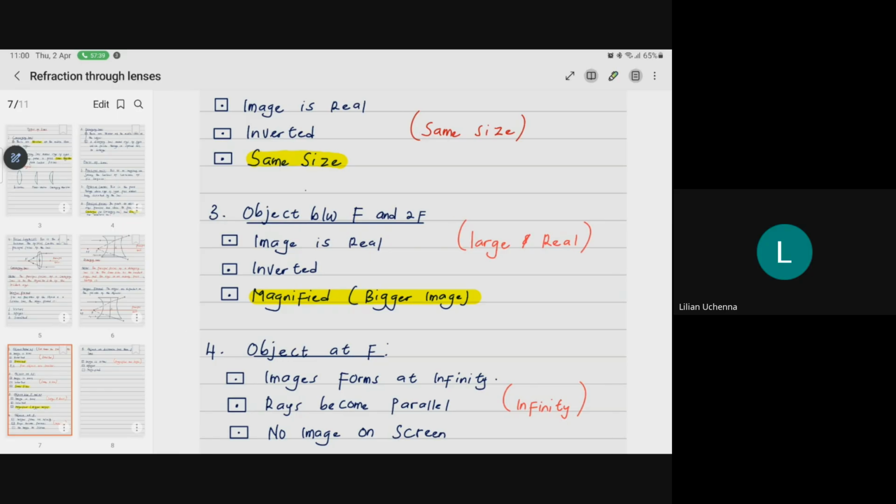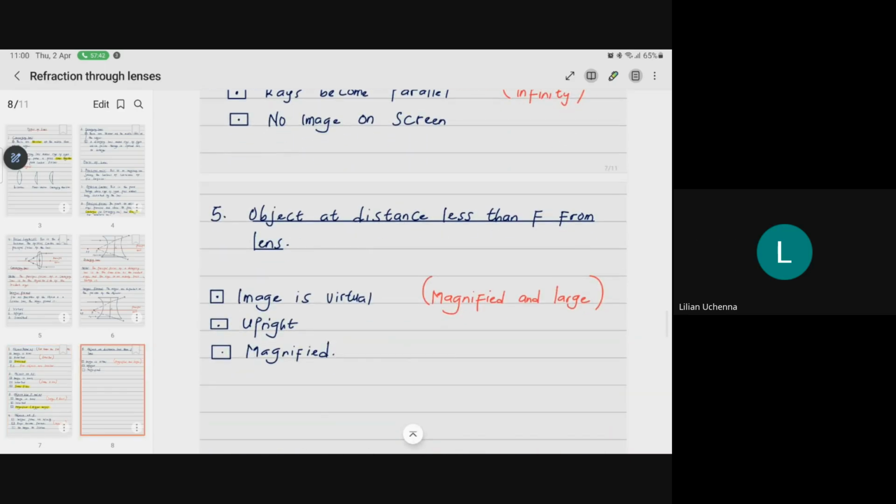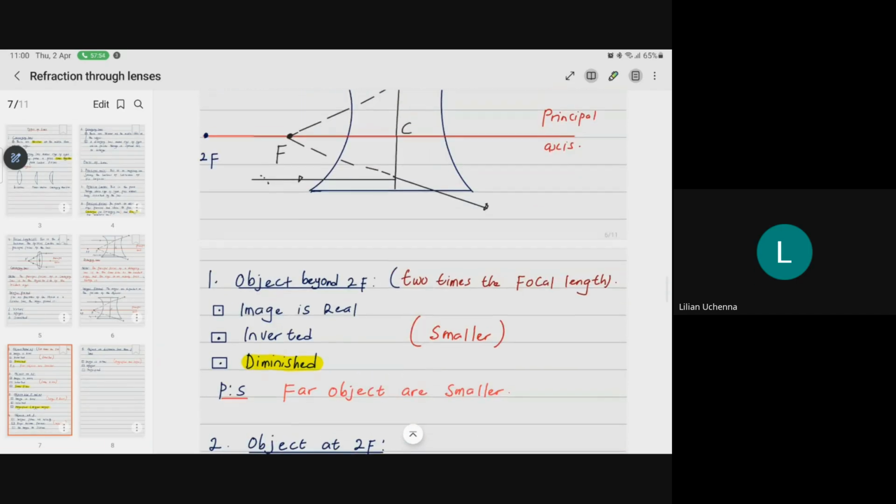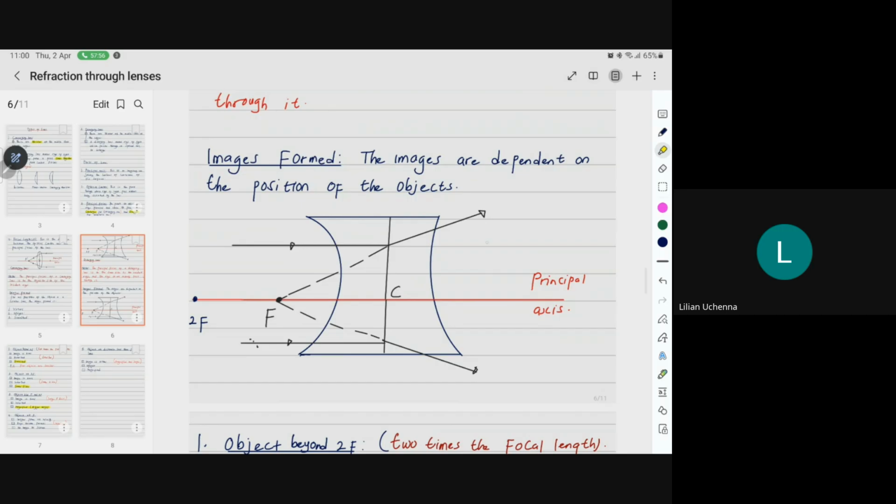All right. Then the next portion is when you are now extremely close to the lens. That means the distance is less than f, which means you are now here, very close to the lens, very close to the optical center.